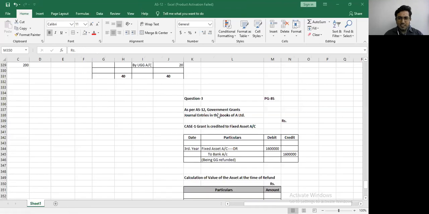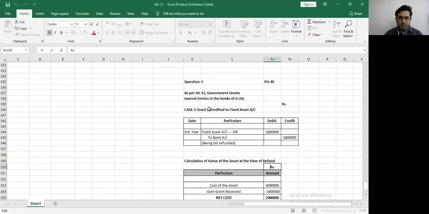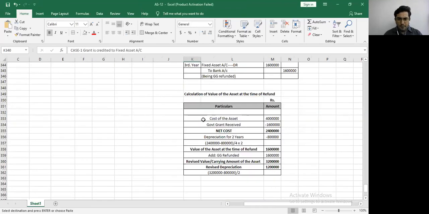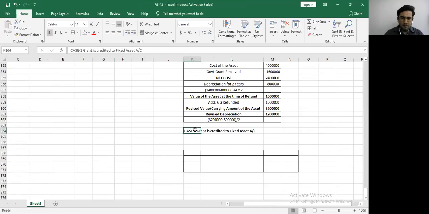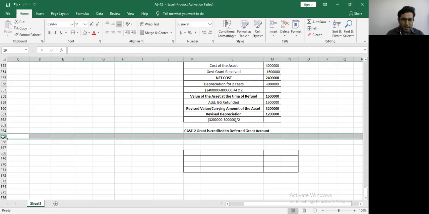Okay, let's go to the next part. Case number 2. Case 2. Grant is credited to deferred grant account. In that case, we will have to pass a journal entry first.